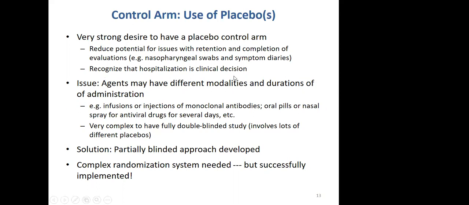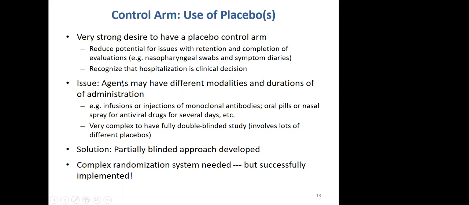Also, it is really important. We often think of hospitalization as a somewhat objective outcome, but it really is quite a subjective outcome. It is a clinical decision, and observation of people through a night in hospital is not an uncommon thing to do.